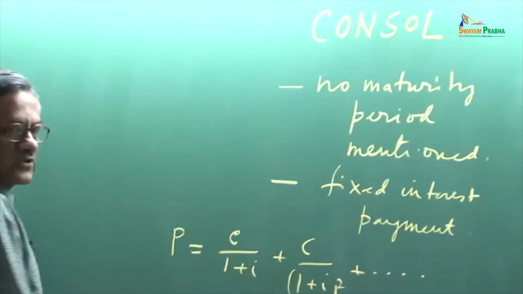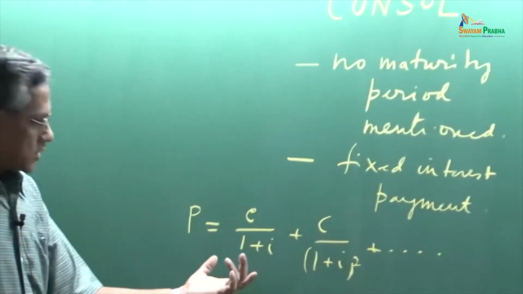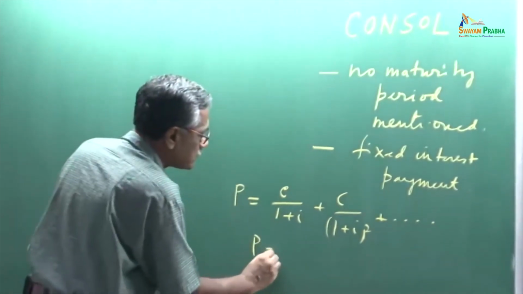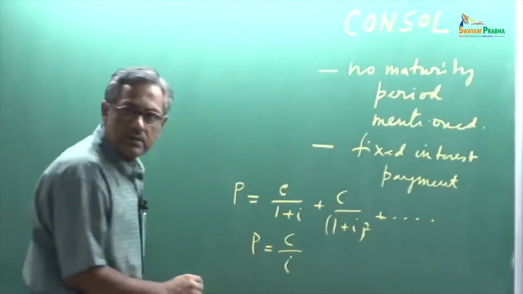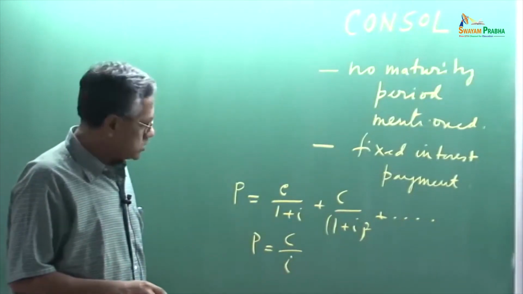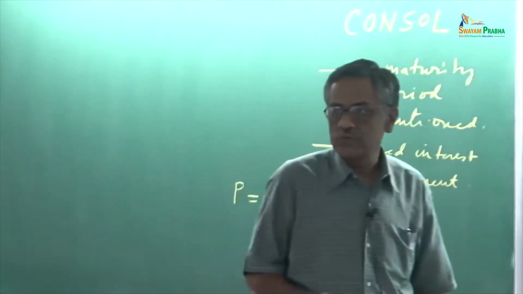So if you do a geometric sum of this infinite series, what will it be? P is equal to C over I. You will get that. All right. P is equal to C over I. It's a very simple relationship which you know from school.